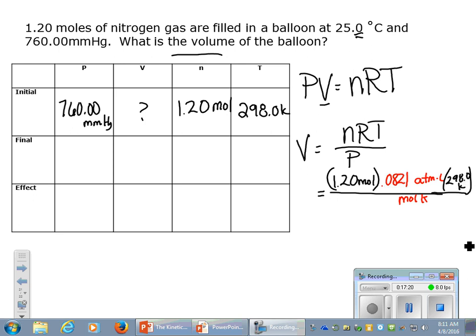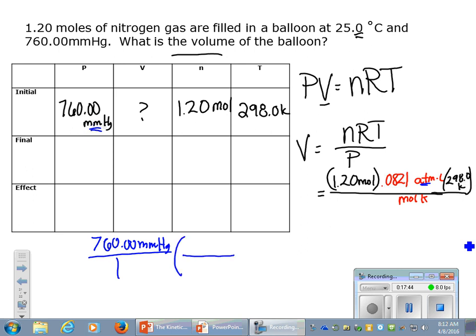Now notice that the pressure in the universal gas constant is in atmospheres, and this pressure is in millimeters of mercury. So we're going to have to convert. This one happens to be standard pressure. However, I'll just show you the conversion. So 760 millimeters of mercury is what we have. We want to put that into atmospheres.